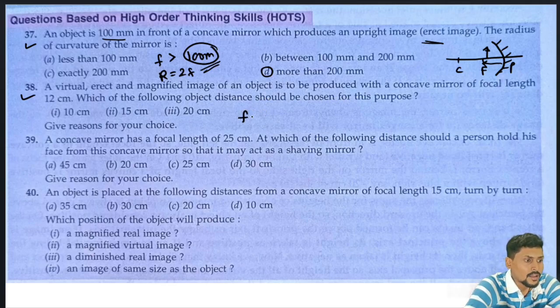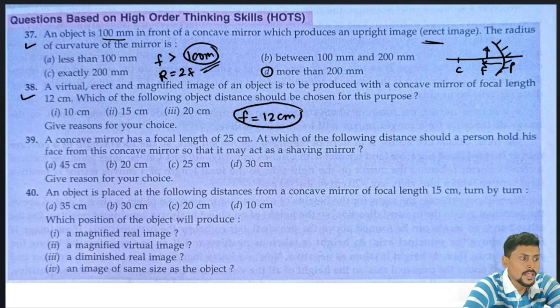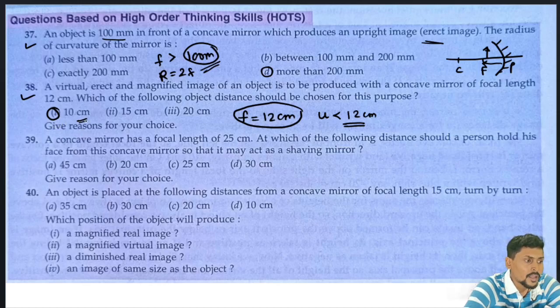Look, if f equals 12 cm, and we want to produce a virtual, erect and magnified image, the object will be in between pole and focus. So the object distance must be less than 12 centimeter, because f is 12. The object must be situated at a distance less than 12 centimeter. Out of the three options given, 10 centimeter is less than 12 centimeter. So when the object lies at 10 centimeter in front of a concave mirror whose focal length is 12 centimeter, you will get a virtual, erect and magnified image.